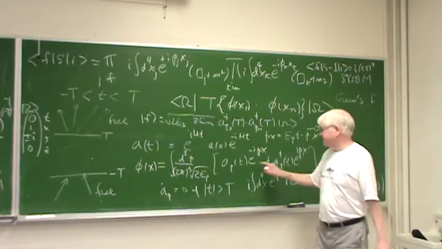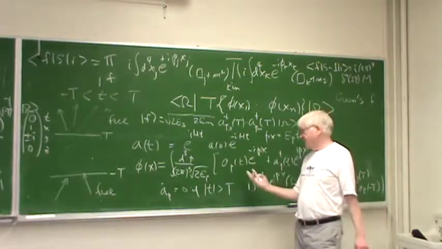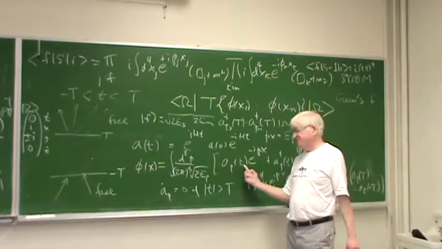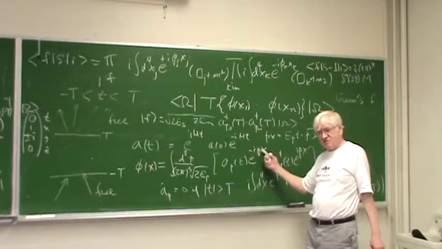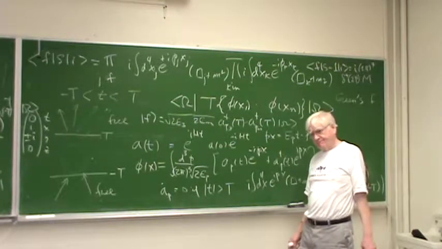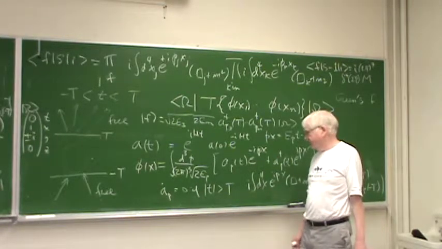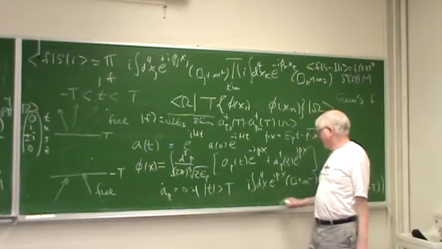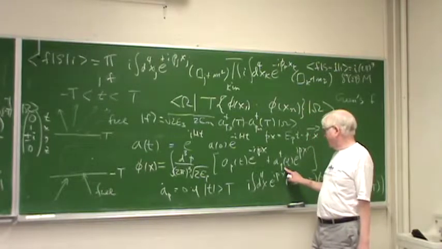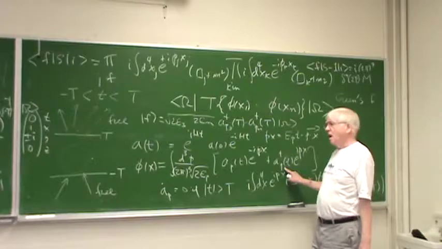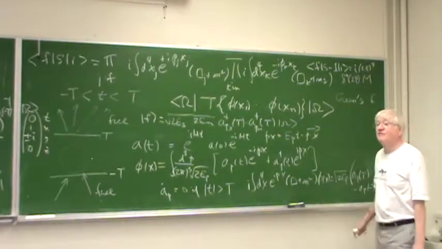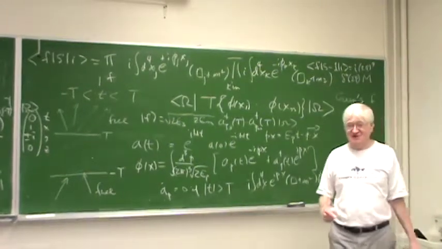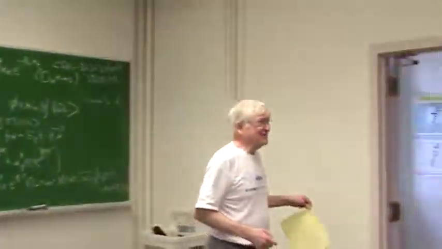The field is this thing here, and so there are two time dependencies. There's a time dependence due to the interaction, and then there's the free field time dependence, which is here. Why didn't the a_p dagger appear here? We'll see when we do the derivation. You have to be a little patient with me.